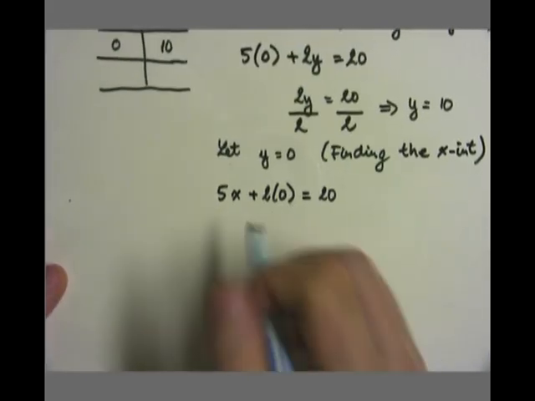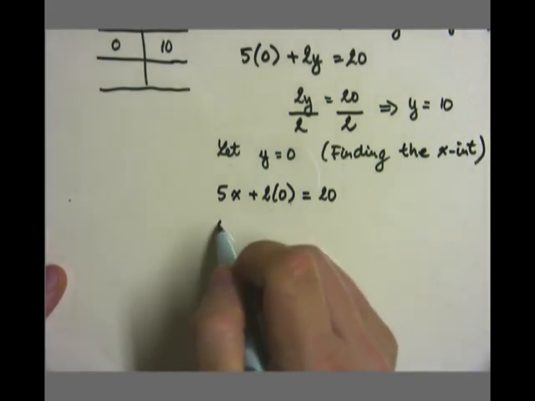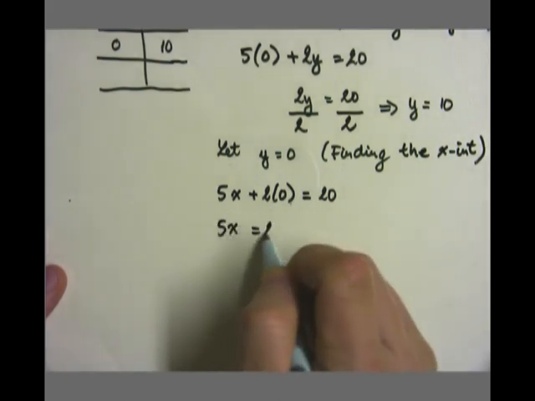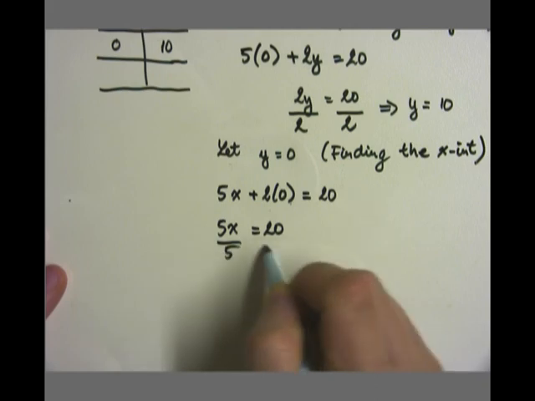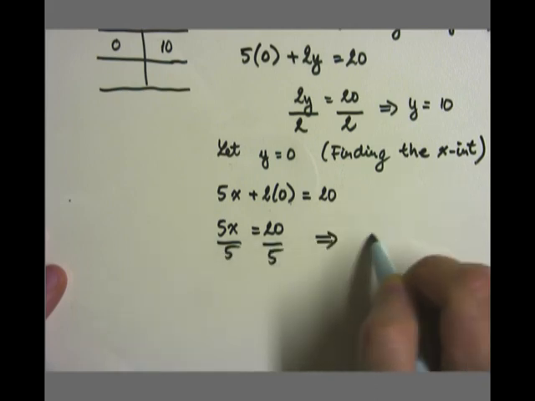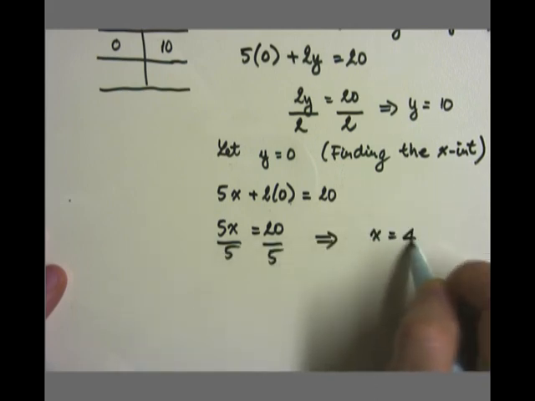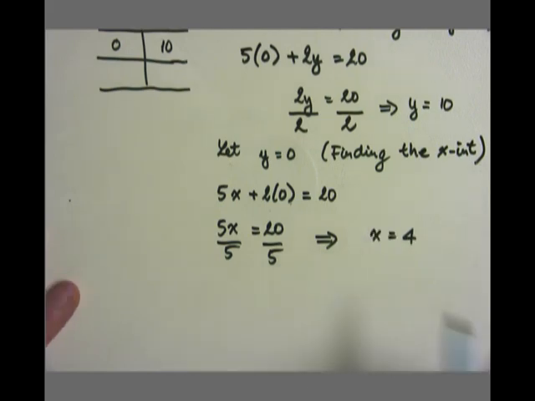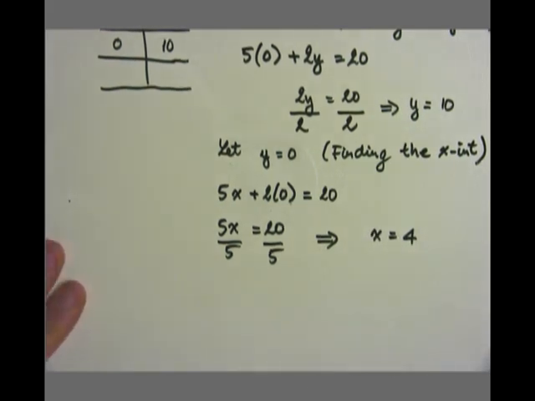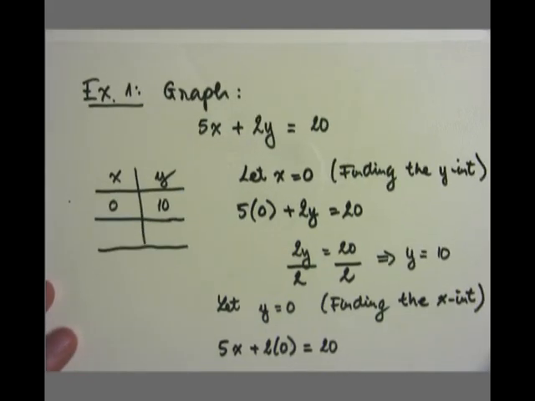So the equation becomes 5x equals 20, dividing both sides by 5. That gives me x equals 4. So x equals 4 is the x value corresponding to y equals 0.